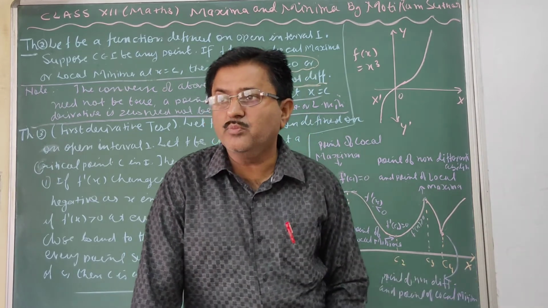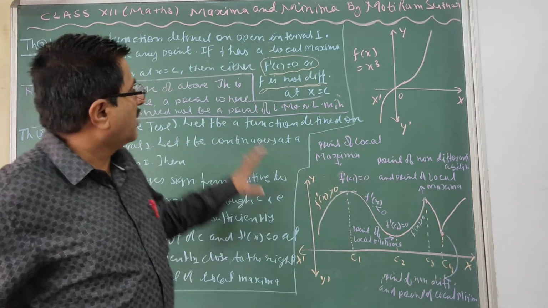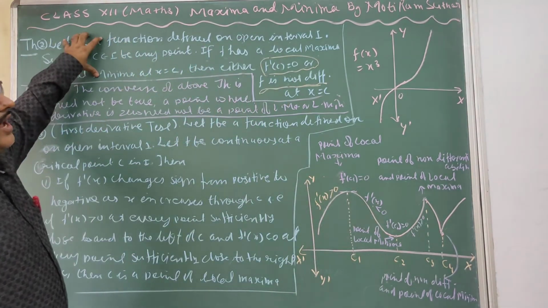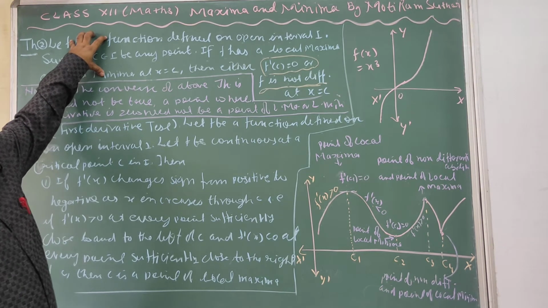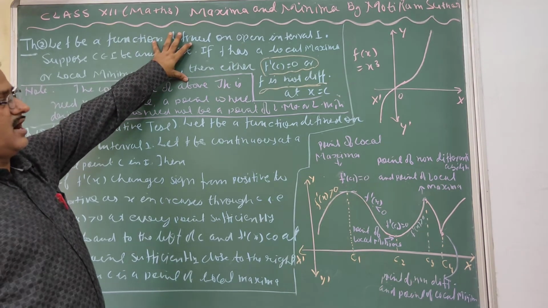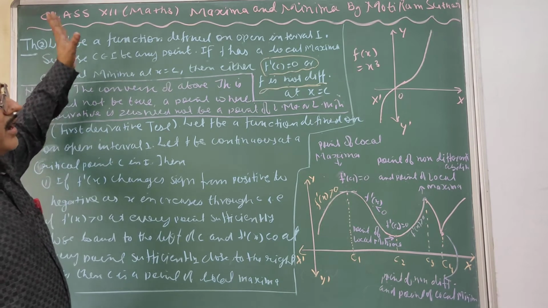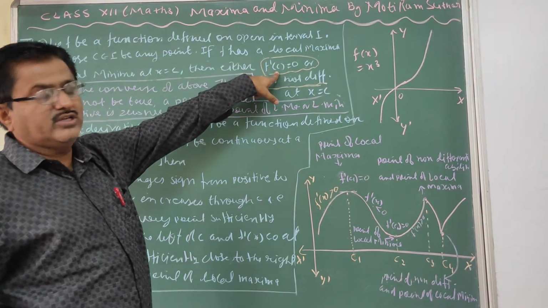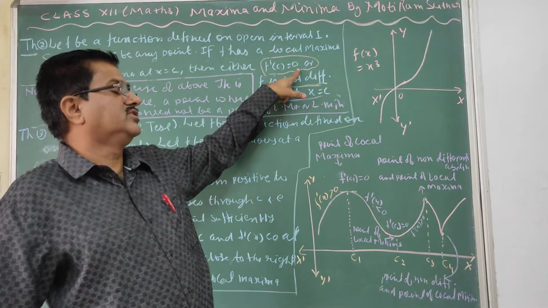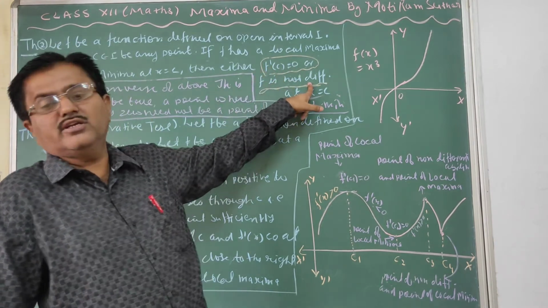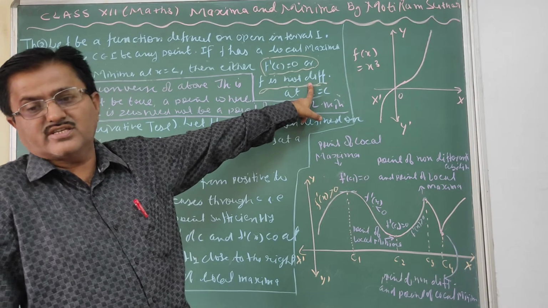So we get an important result by this theorem. In any function, if it has a local maxima or local minima, then at that point the derivative is zero, or it is not differentiable.